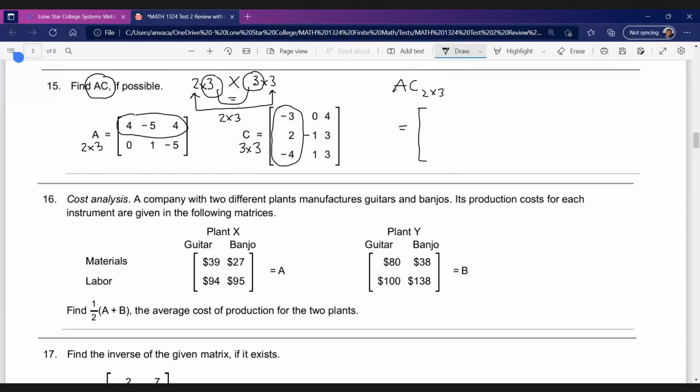So that is going to be 4 times negative 3 plus negative 5 times 2 plus 4 times negative 4.